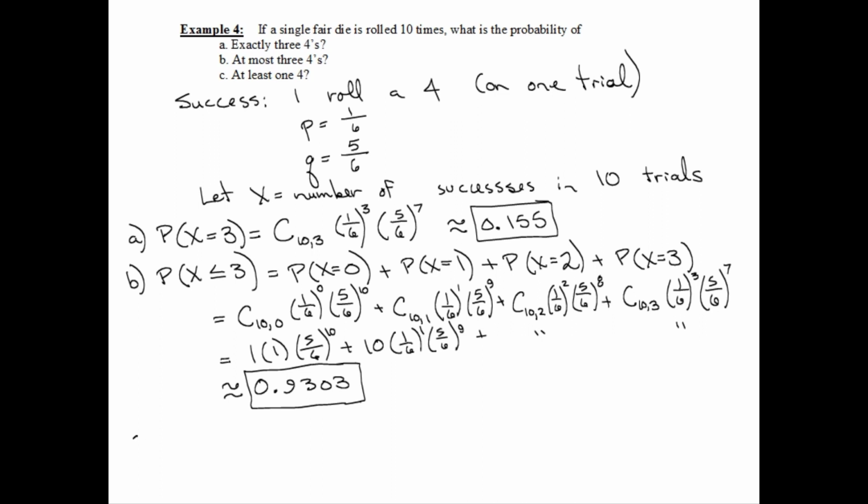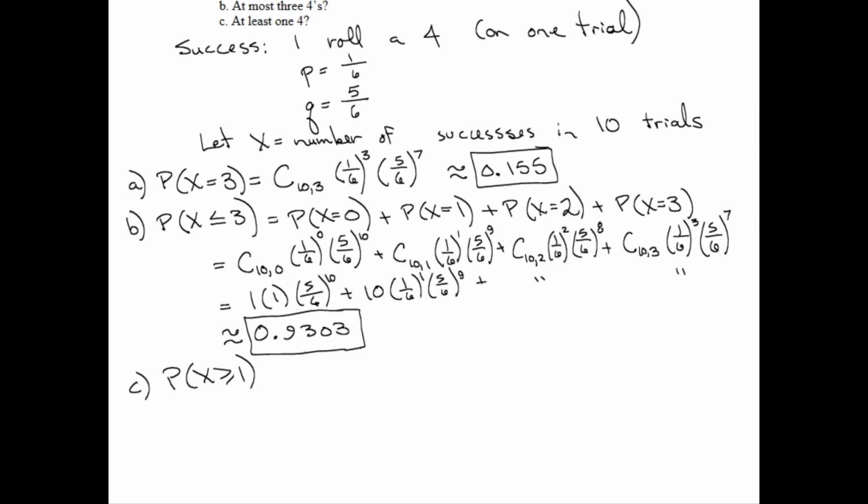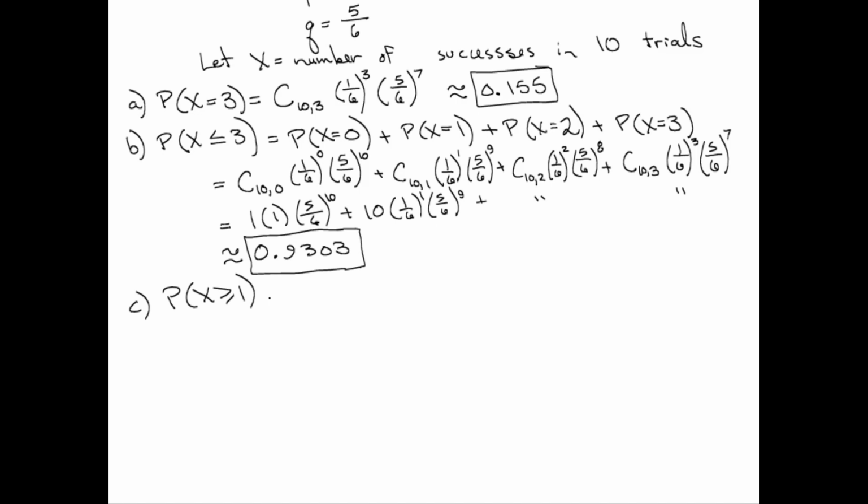Here we've got to determine the probability of getting at least 1 success. So we need the probability of 1 or more successes. Okay, so what are the possibilities then? We could have exactly 1 success.